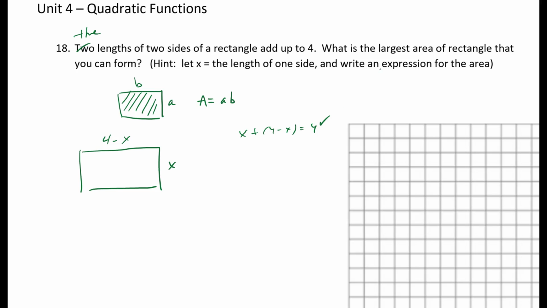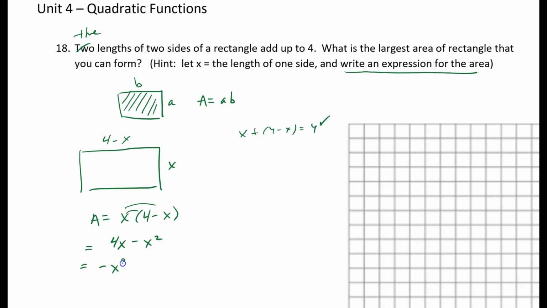So now my hint here says write an expression for the area. Well, we know the area is the product of the two sides. So one side is x, one side is 4 minus x. I'm going to go ahead and multiply that out: 4x minus x squared.